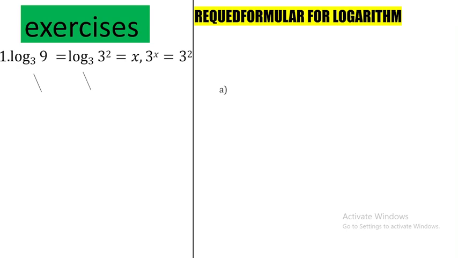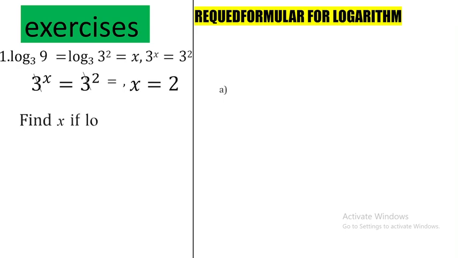We take 3 power x, which will be equal to 3 power 2, and the bases 3 and 3 are simplified to get x equal to 2, as you see here on this simple question.